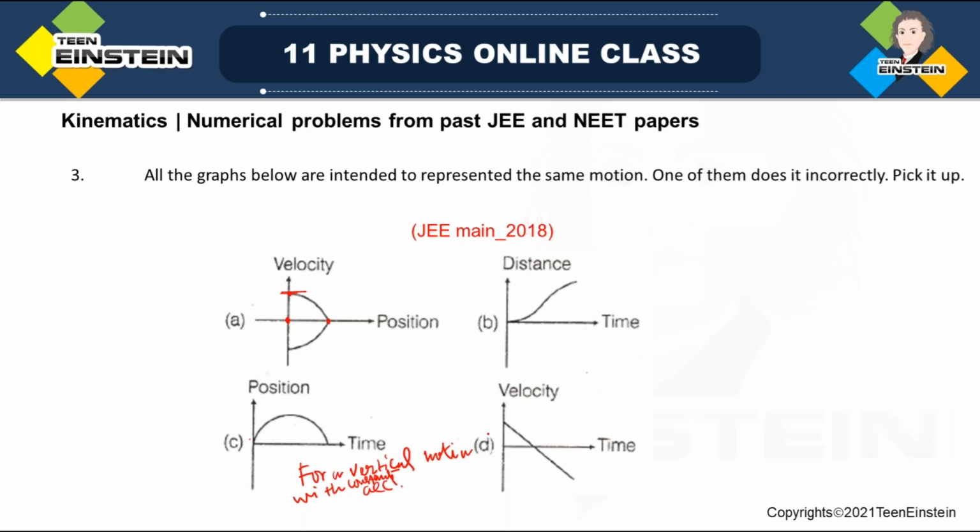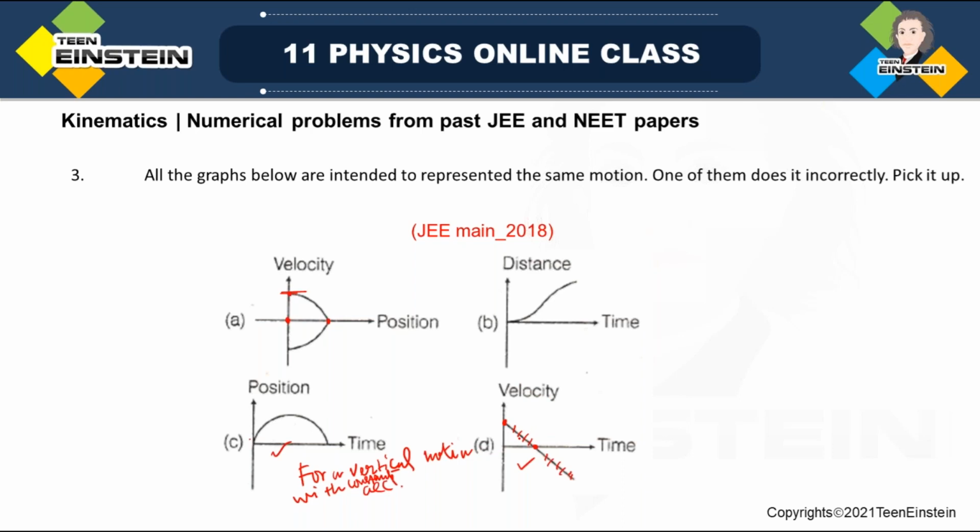Look at this D. In this D also, the velocity was here a positive quantity. Then look, it is decreasing, and then it is going to the negative direction, right? That means the slope of the position, like this, is representing the same thing here. Actually, I should not say g, this is velocity.